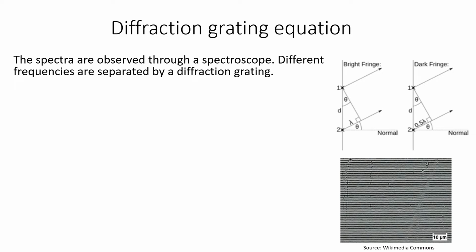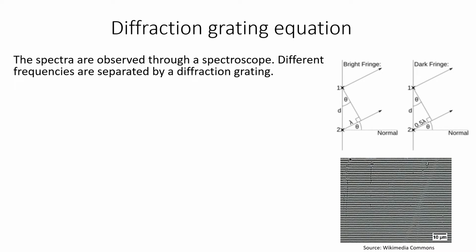Where it says bright fringe, this is where you're going to have constructive interference by rays from the two different slits. The lower ray is actually going to have to travel a bit further than the upper ray to get to the screen at this angle theta, and the difference in the path length for these rays is lambda, that's to say the wavelength of light.